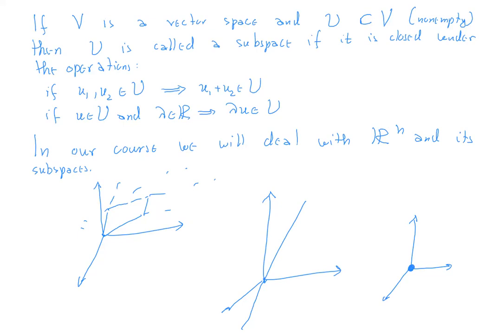So I repeat, in R3, you can have either the whole space, or a plane that goes through the origin, or a line that goes through the origin, or the origin itself. That's called the zero subspace.